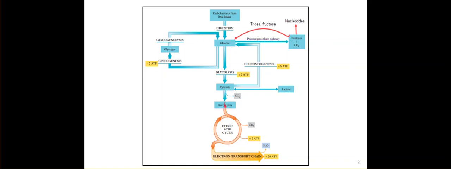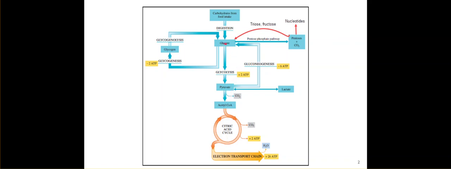And pyruvate will convert to acetyl CoA and enter into this cycle. So us eating carbs gives us sugars, which then get broken down into ultimately acetyl CoA to go through the citric acid cycle.